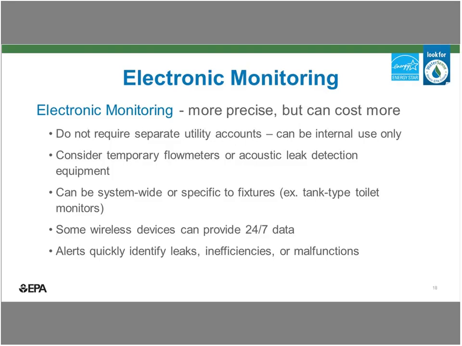So for example, you can use a data logger that you put on a toilet, and it'll count the number of flushes for that toilet, and can provide you real-time data on every toilet in your facility if you want, but that may not necessarily make sense for everyone. Usually they're wireless, and they will provide all sorts of alerts if you want them to. So if you're considering it, take a look and see what's out there and see what makes sense for your budget and choose the data that you would need.